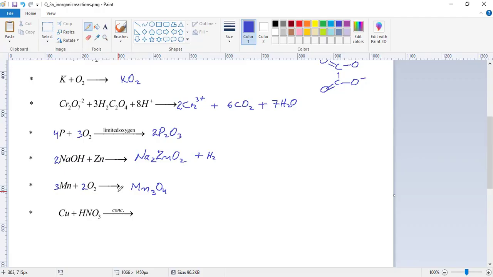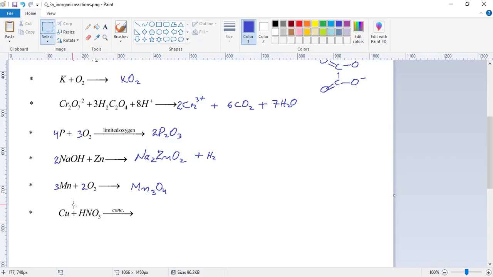So this manganese oxide is produced. And if we see the oxidation number of Mn in Mn3O4, there is 8 by 3. So I think that this is a mixture of two different manganese oxides. Now the reaction of copper with nitric acid.